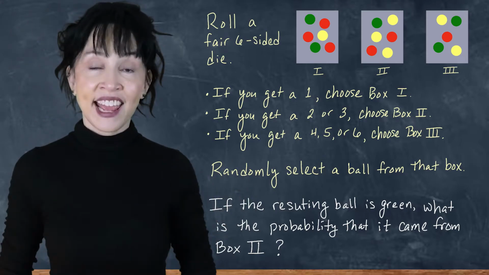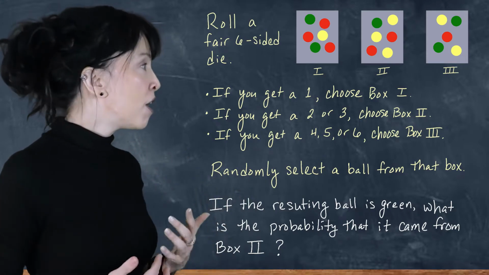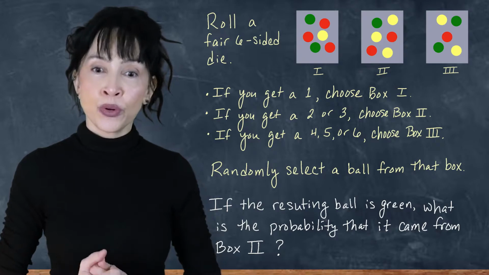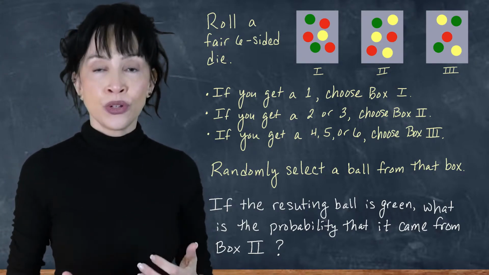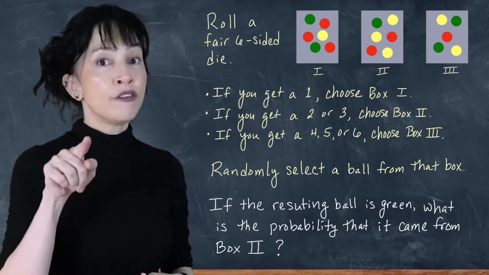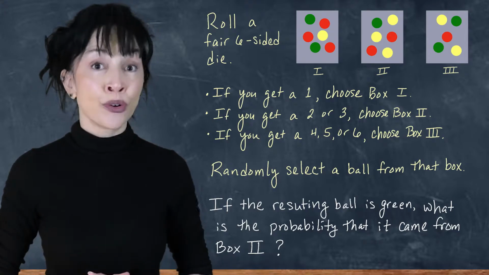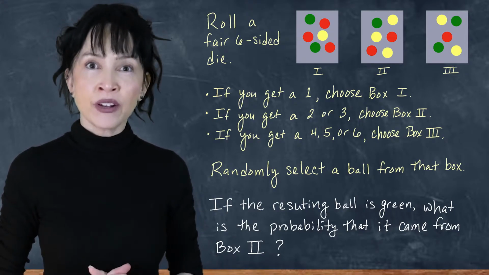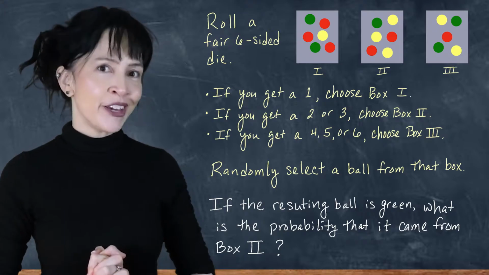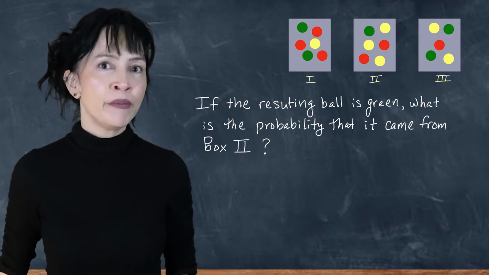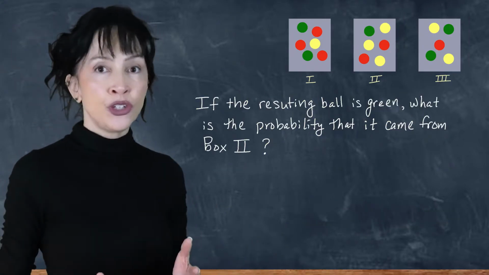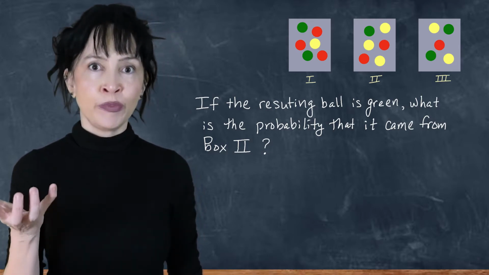In the case that it came out of box 2, there's 1 green ball out of a total of 6 balls, so the answer is 1/6 for the probability I get a green ball given it came out of box 2. But that's not what I'm looking for. I'm looking for the probability it came out of box 2 given that it was observed to be green.